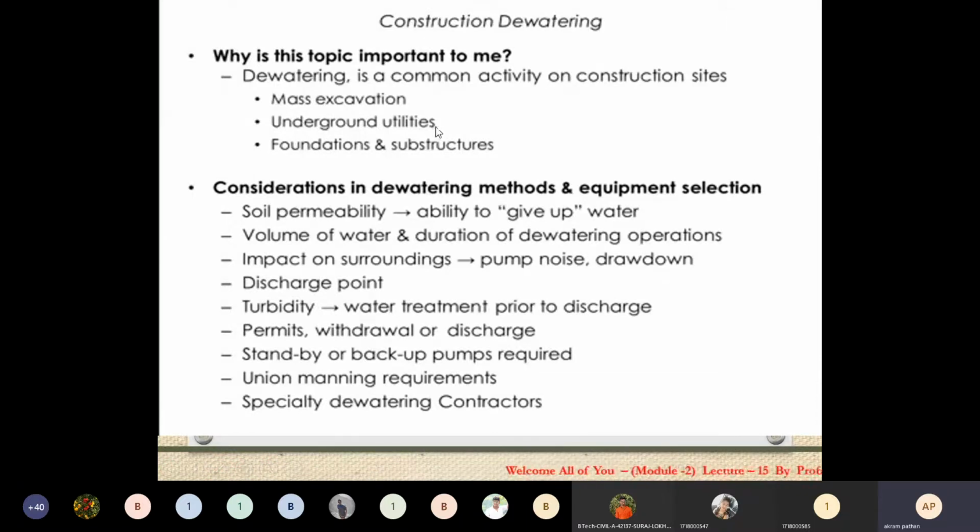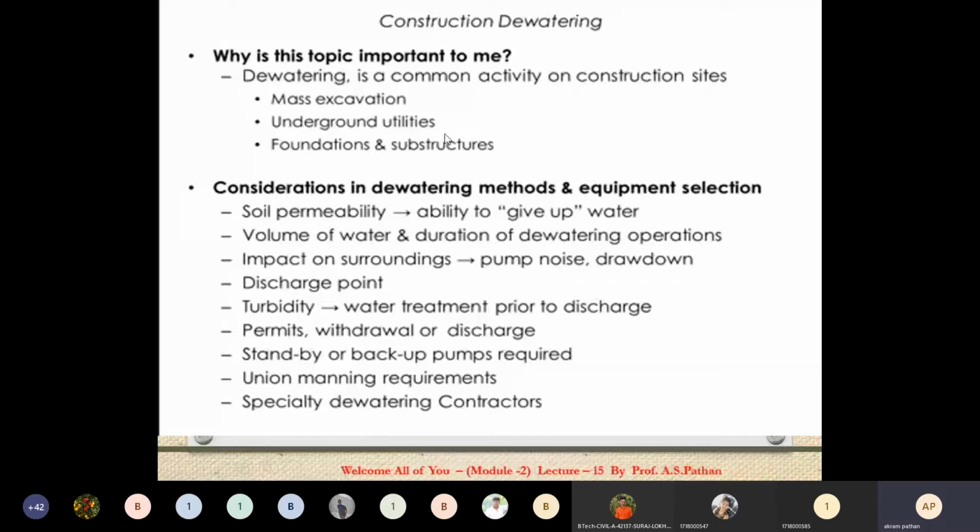Then underground utilities: for example, in a municipal corporation area, for water supply and drainage facilities, if you want to dig trenches, there will be a possibility of water coming from the nearby area into the excavated trenches. So we have to apply suitable methods and equipment to dewater and keep that area dry for working conditions.